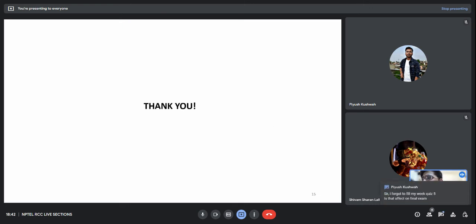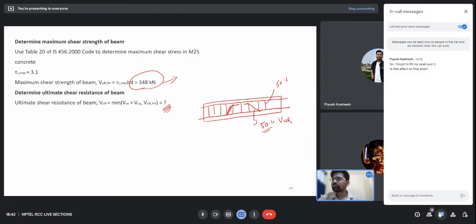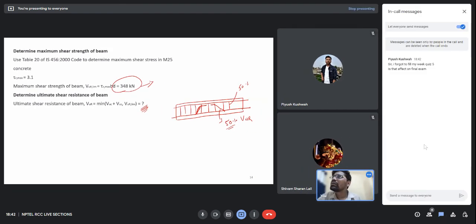I forgot to fill my week 5. I think that is not under my control. Does that affect the final exam? Yeah, I think you have some weightage for the final exam. If you do not have some minimum marks out of the total marks of the quiz, then you won't be eligible for giving the final exam.